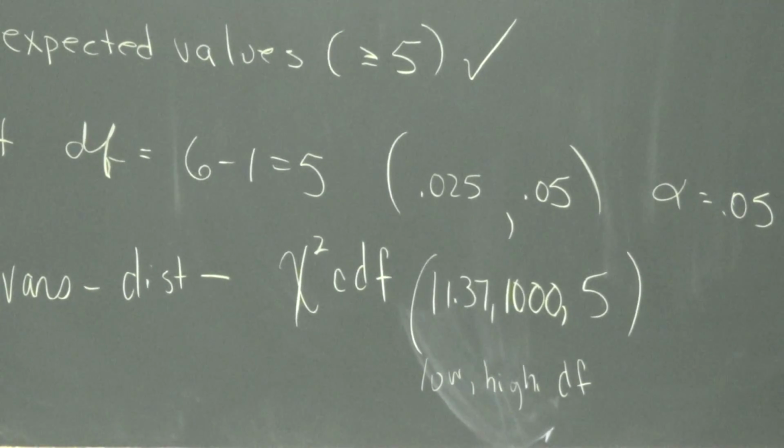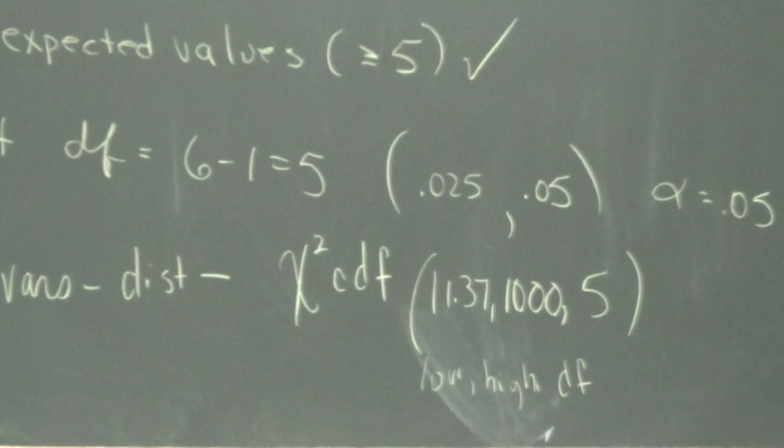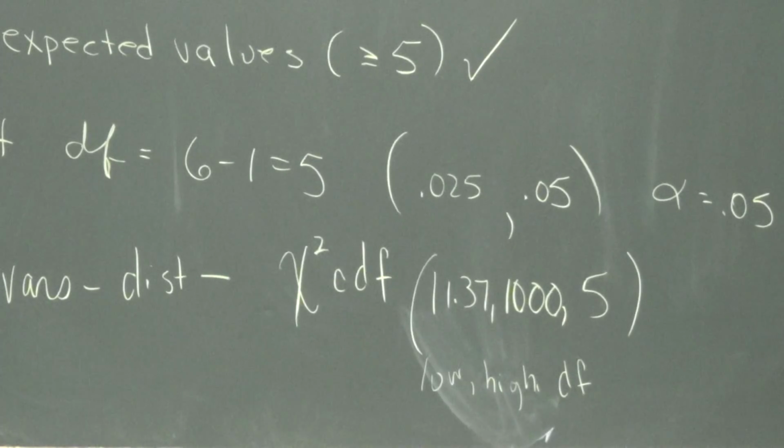All right, so what's going to come out when you put all that in? I don't know if 1,000 will work. It is, very good. All right, 1,000 worked. 11.37, comma, 1,000, comma, 5. Enter.